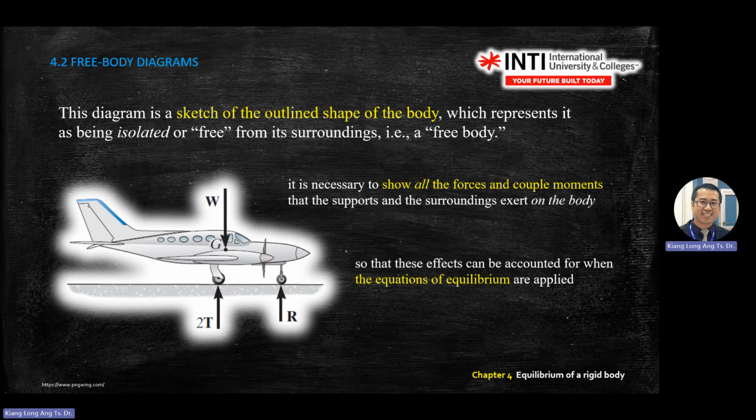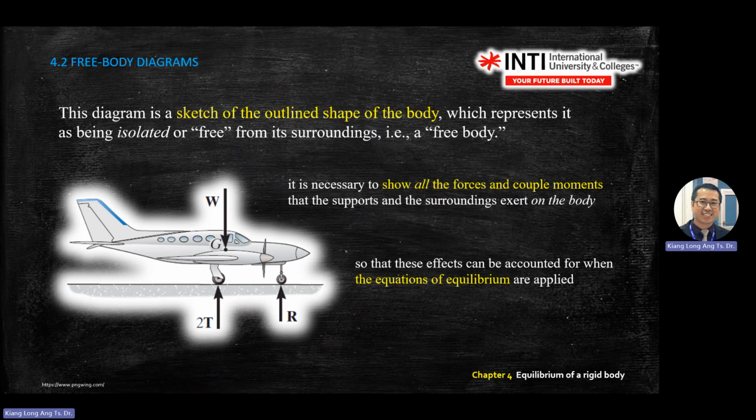When you need to write 2T in your answer, if the question gives you a lot of information, for example the object has 3 wheels, 1 wheel in front and 2 wheels behind, and the question already mentions 3 wheels, it means you need to consider the 2 wheels behind. So there are 2 contact forces. Or if you're lazy, you can represent this as 1 force and calculate it as 1 parameter.